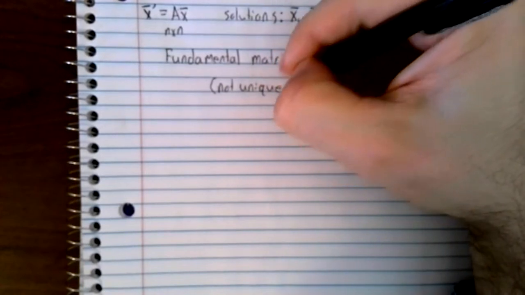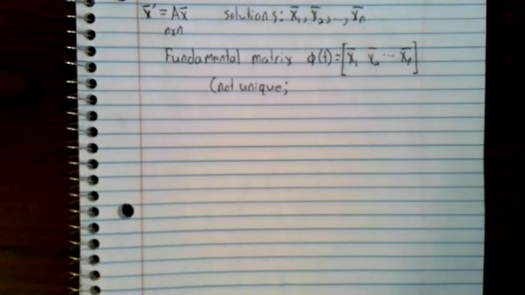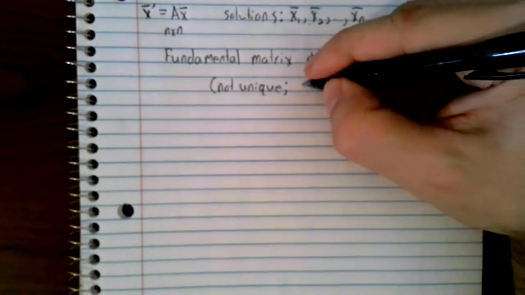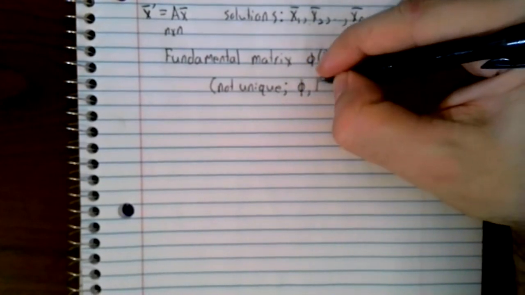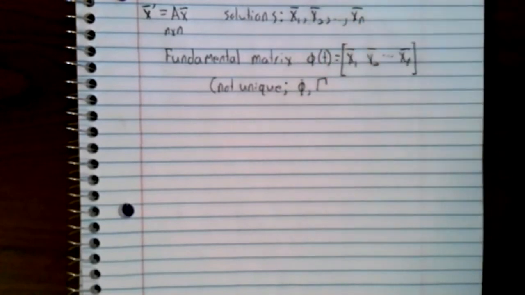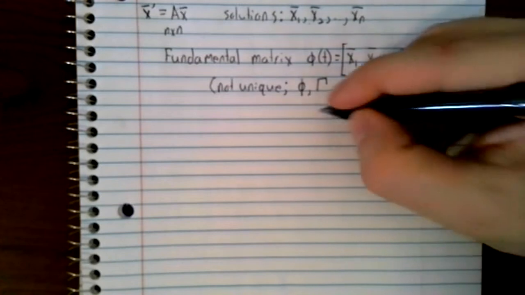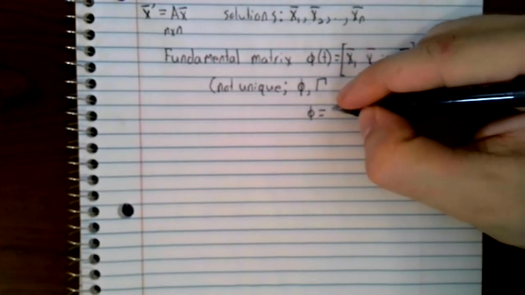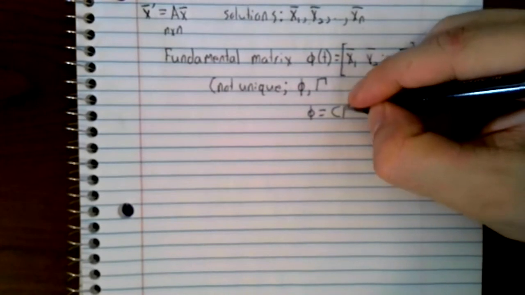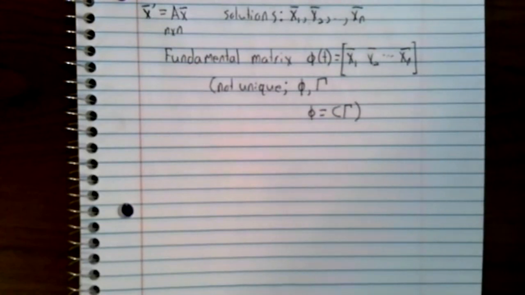However, fundamental matrices are unique up to matrix multiplication. If phi and gamma are fundamental matrices, then phi is a constant matrix times gamma.